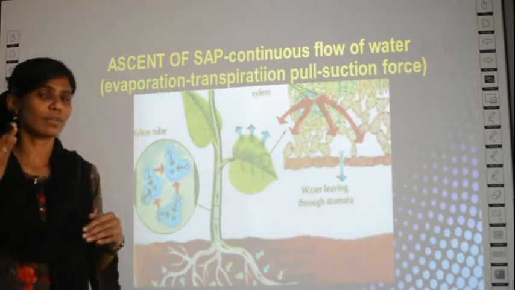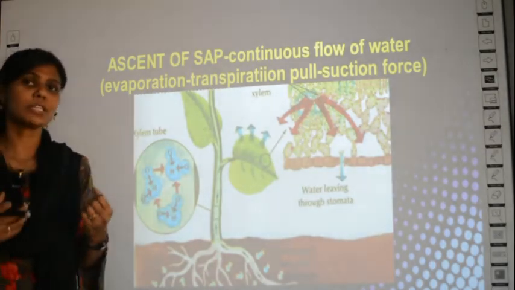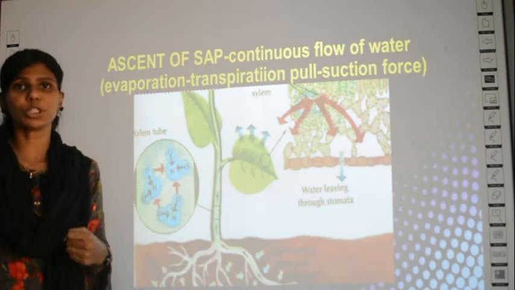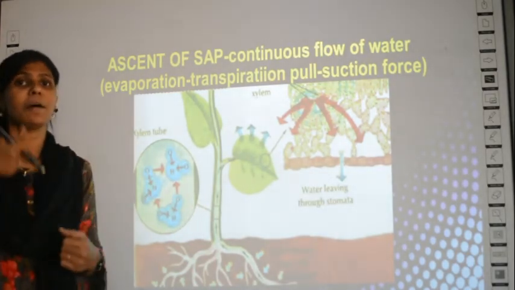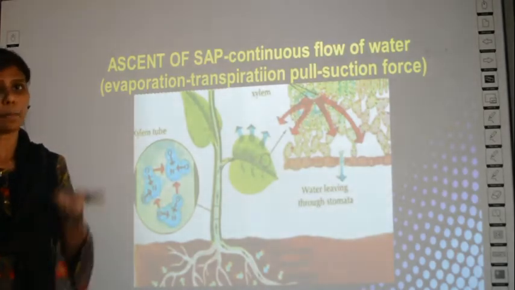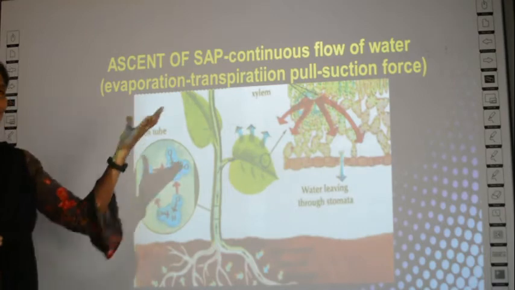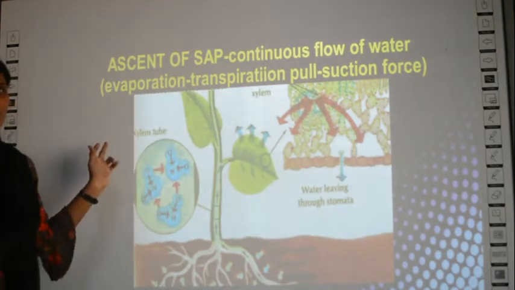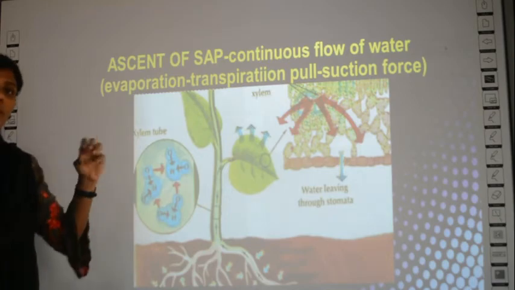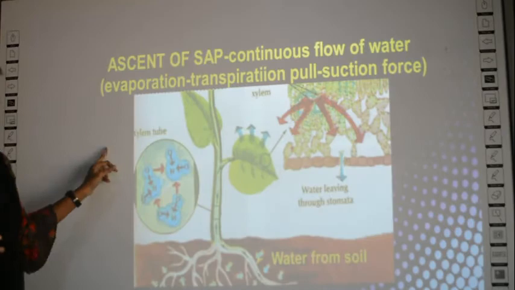This continuous flow is called the ascent of sap. Why does ascent of sap happen? It is because of transpiration pull. When some amount of transpiration happens, there is a pull exerted in the upward direction so that water flows continuously. This suction force is called the transpiration pull. So for ascent of sap, transpiration is helpful. Only if there is transpiration can ascent of sap happen.